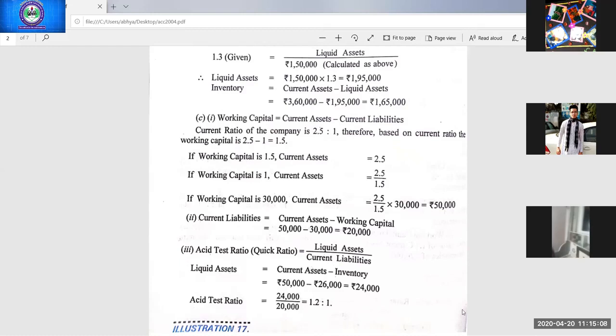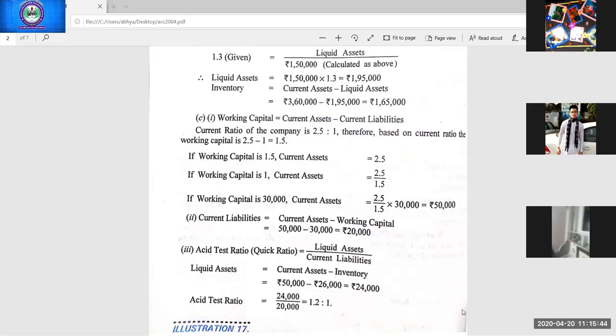Then current liabilities. Again you have to use the working capital formula. Working capital is equal to current assets minus current liabilities. So the current liabilities are 20,000. You can match your answer. I am waiting for you. Current liabilities are 20,000.